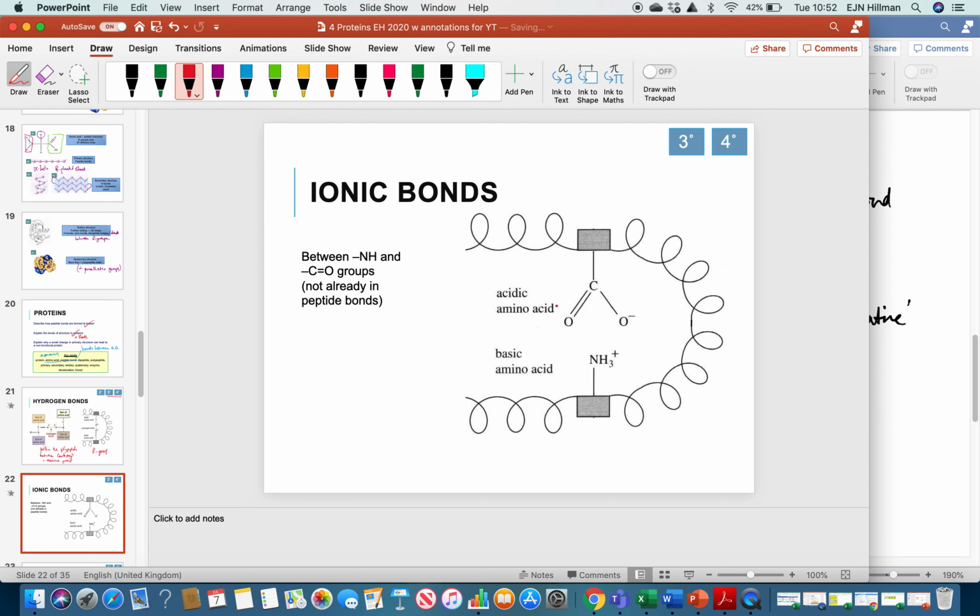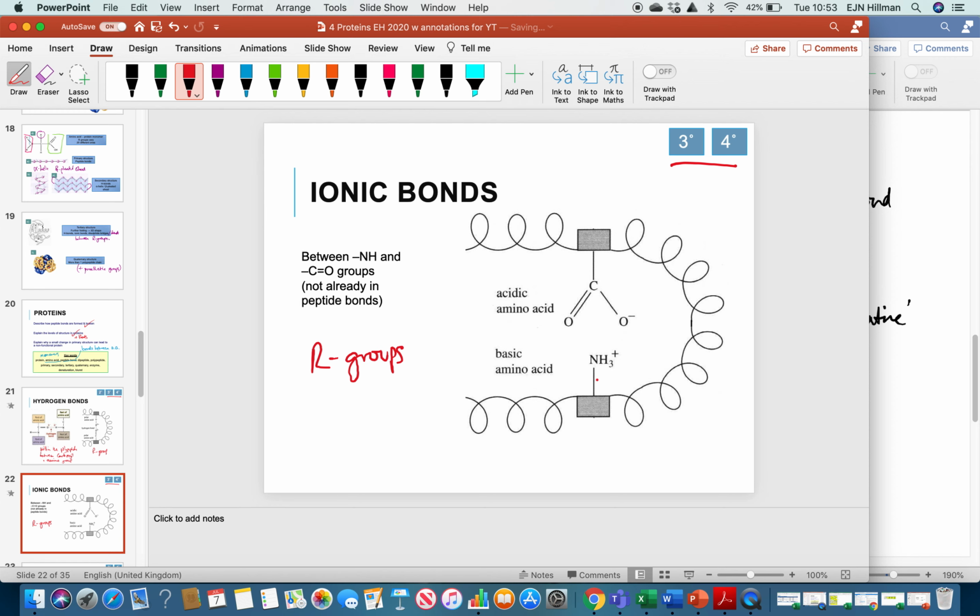Ionic bonds, well, they form between the acidic amino acids, or an R group with an acidic R group, if that interacts with a basic, an alkaline R group on another amino acid. So again, these are between the R groups, and they form in the tertiary and the quaternary structures.